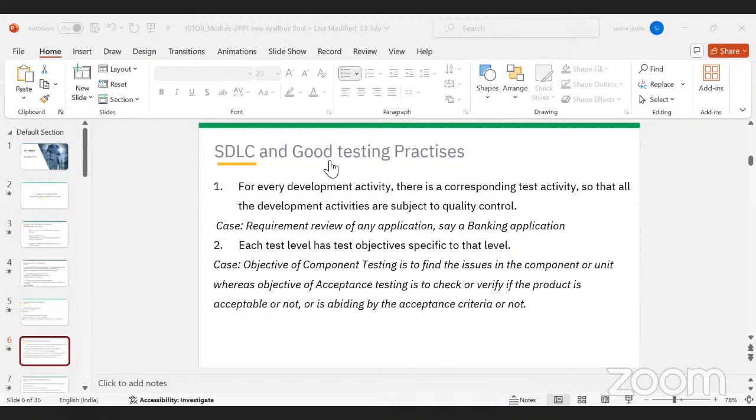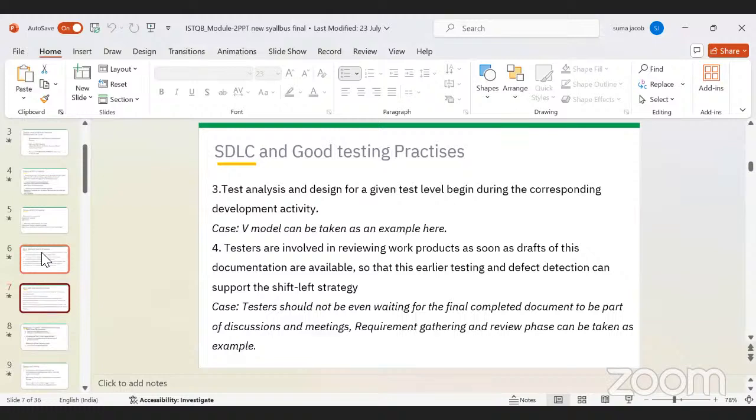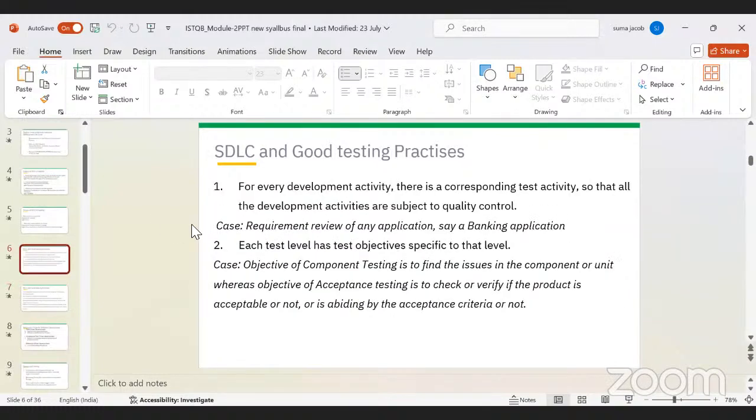Each iteration will have a testing phase, so we'll have both static and dynamic testing. The same happens in the incremental model also. So except for the waterfall model, static and dynamic testing can be performed in all the different models. Okay, so next is SDLC and good testing practices.